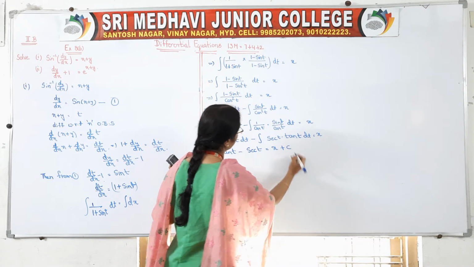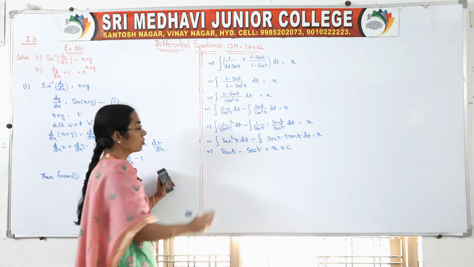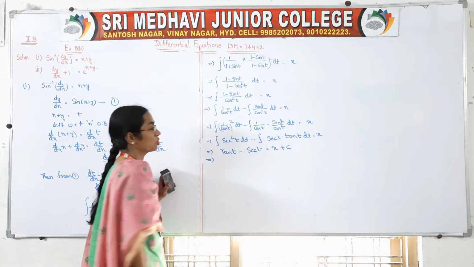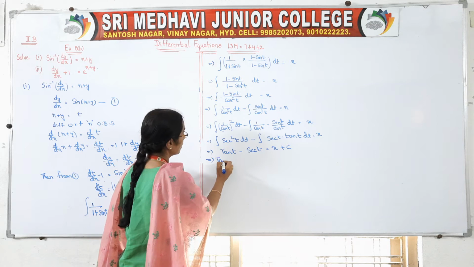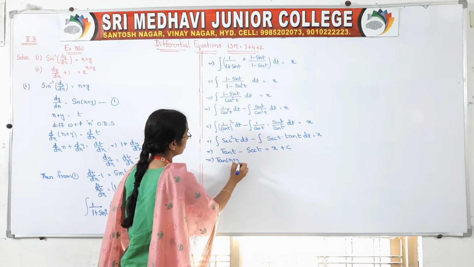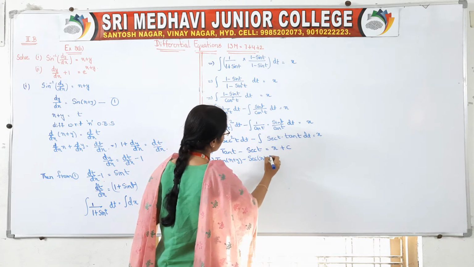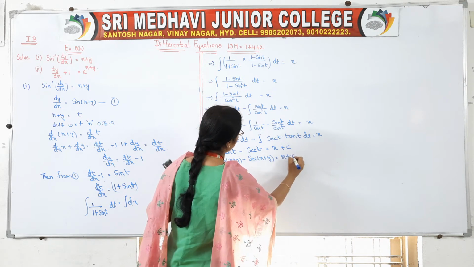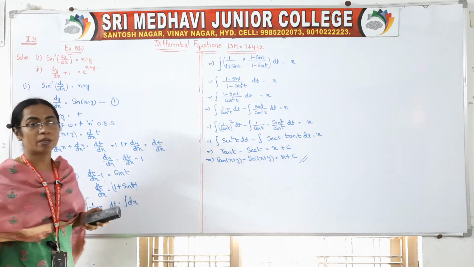Once all the integrals are over, we write plus c. Now in t place you substitute your x plus y value. So it is tan of x plus y minus secant of x plus y is equal to x plus c, which is the answer of your problem.